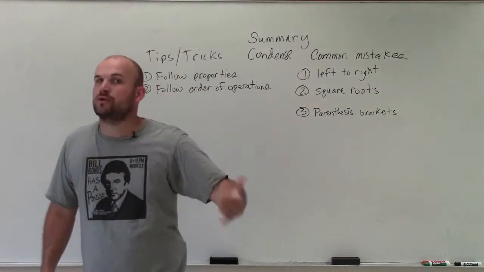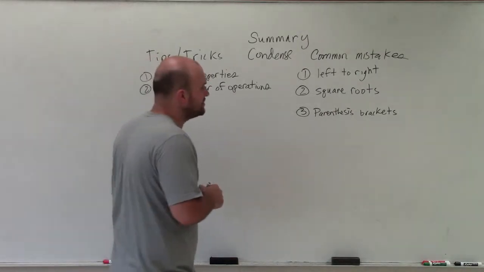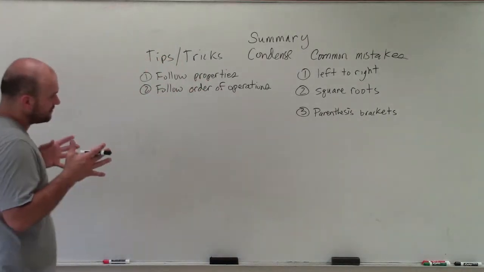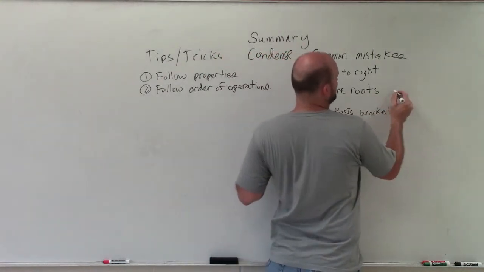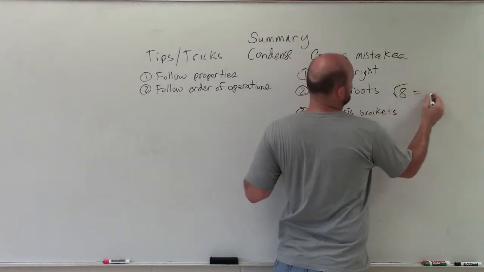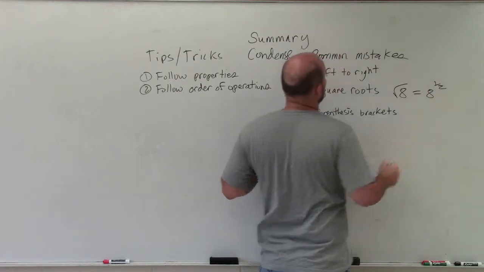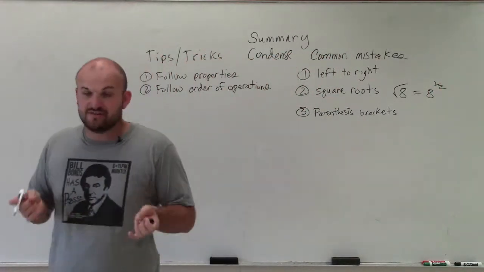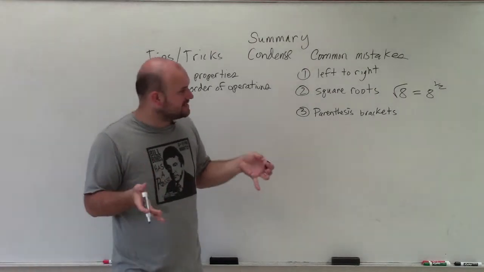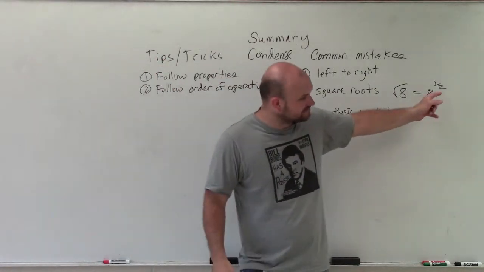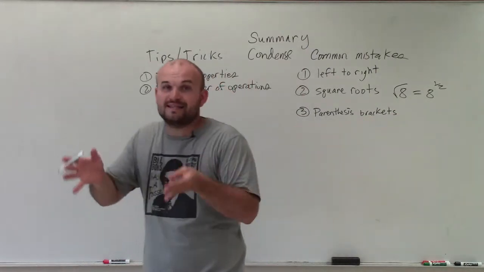The next thing is the square roots. I see this so many times with students, especially when they're working with the square root. Remember, the square root of 8 is equal to 8 to the 1/2 power. That can sometimes be very important, because a lot of times when we're condensing, we want to write them as a square root.